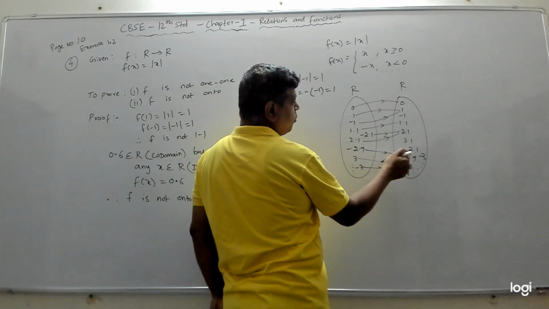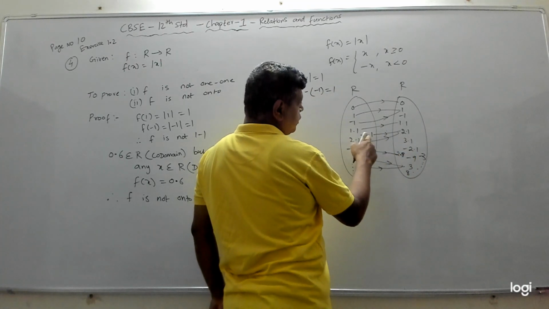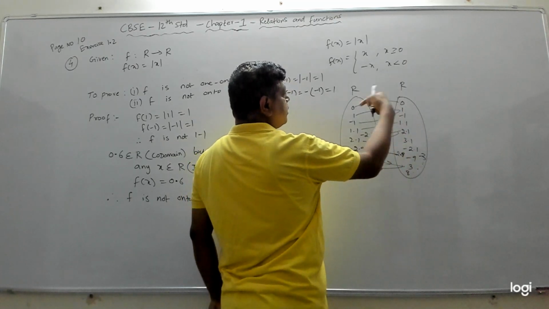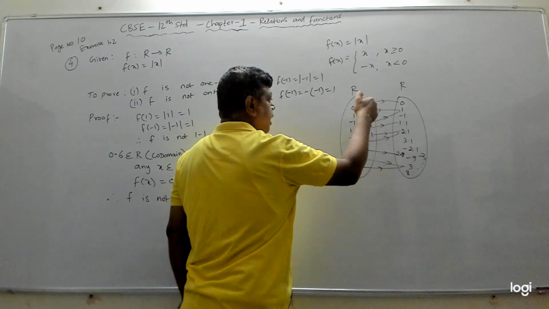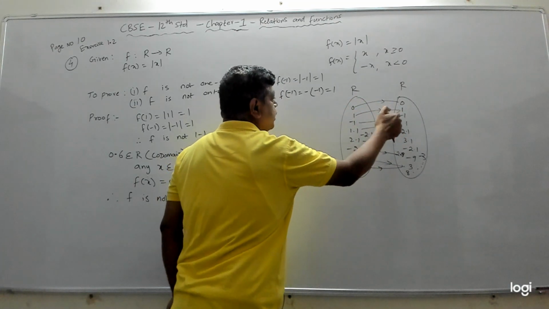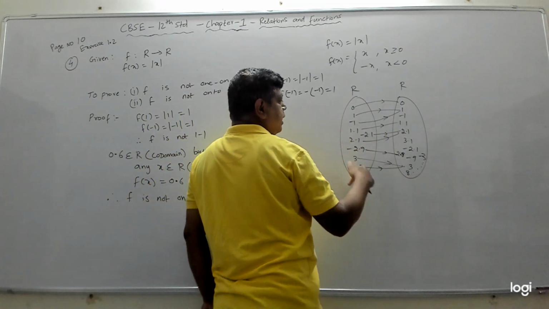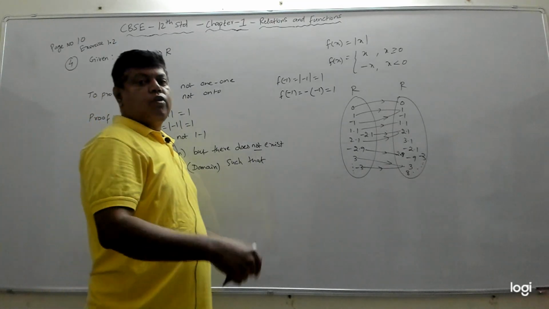Minus 2.9 will go to plus 2.9, and minus 2.1 will go to plus 2.1. Negative numbers cannot be images. If I take minus 1, there is no number here such that f of x is minus 1. So no element will be mapped to minus 1. Therefore it is not onto.